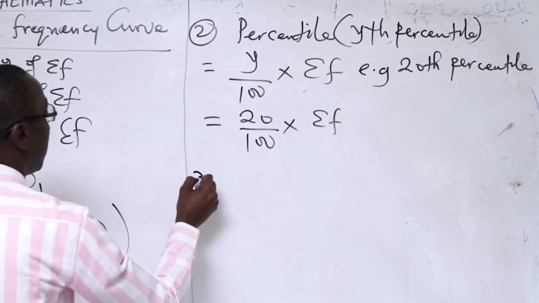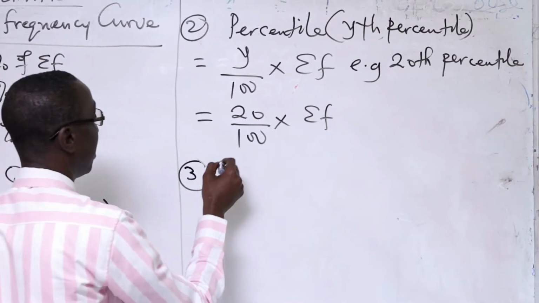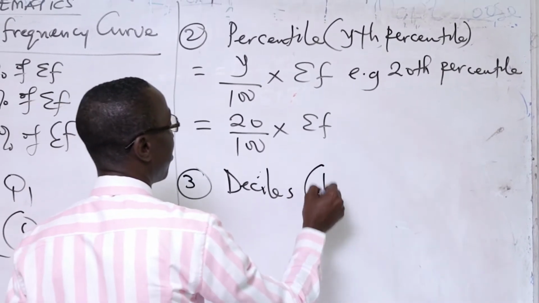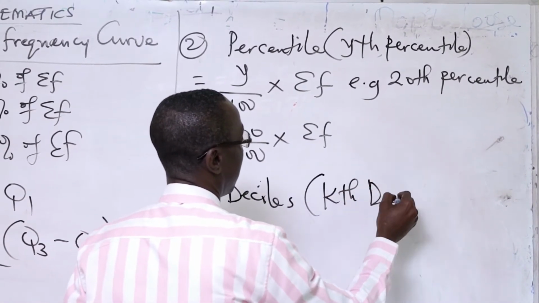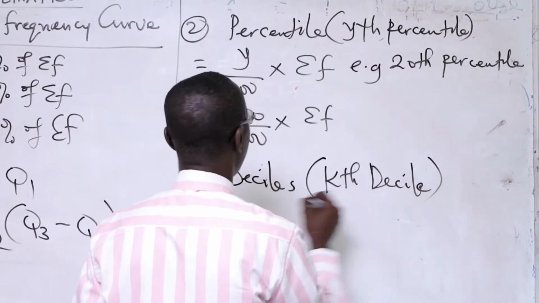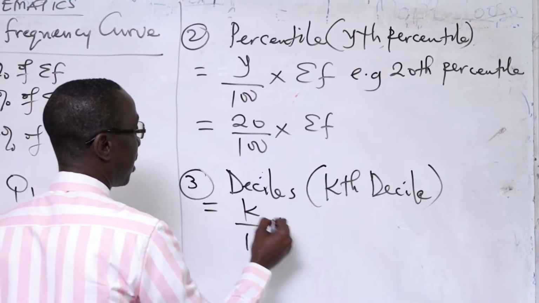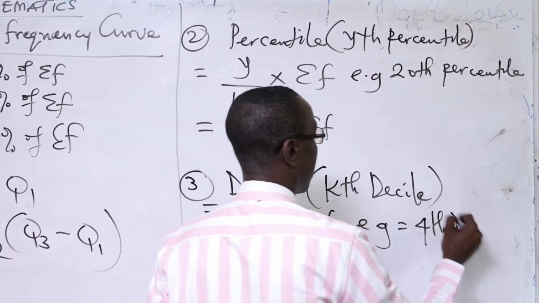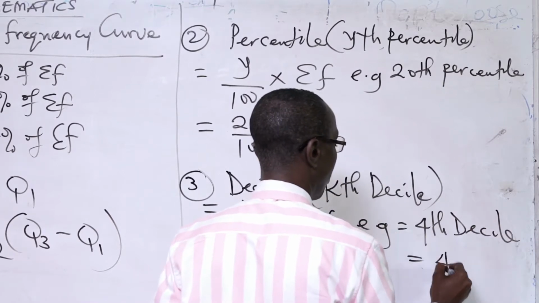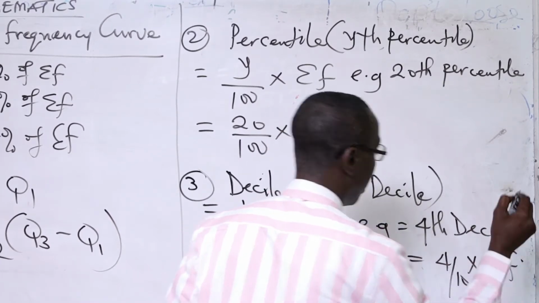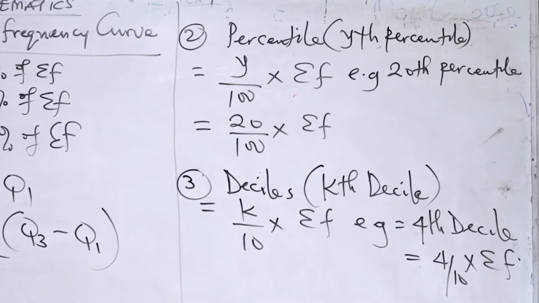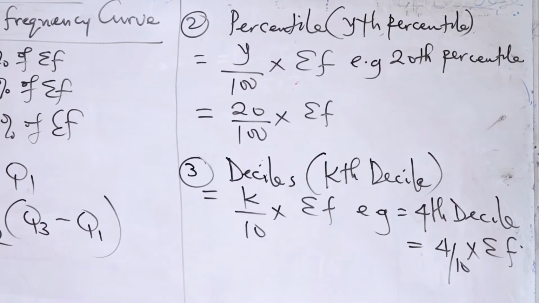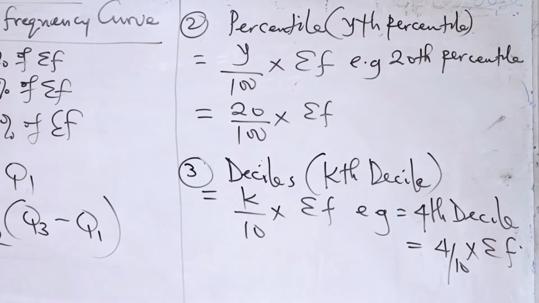Three, you also know that deciles are part of what we should know. If I'm at the kth decile, it is the same thing as k over 10 times summation F. For example, the fourth decile should be 4 over 10 times summation F. These formulas are things that we will need, and we should please go back to all we have said on them before to refresh our memory.